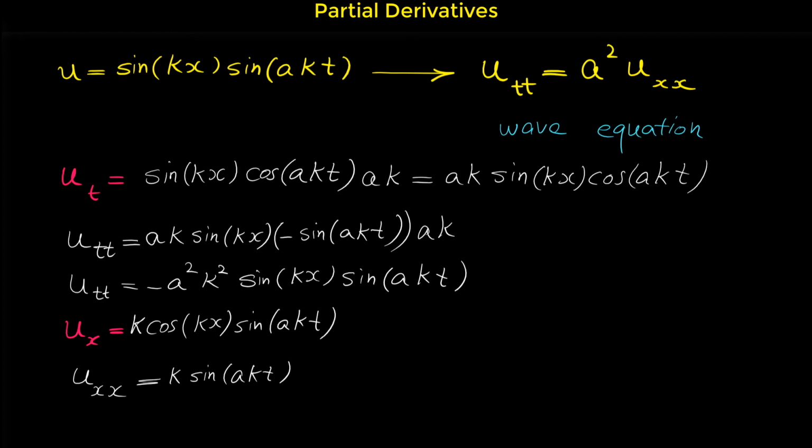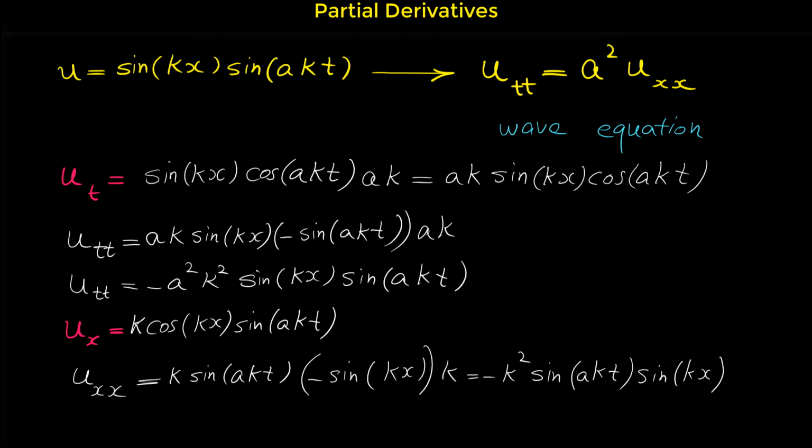The derivative of cosine is negative sine of kx, multiplied by the derivative of the inside of cosine, which is k. If you multiply this k by this k, and don't forget we have a negative here, this equals negative k squared sine of akt sine of kx. And this expression is u sub xx.